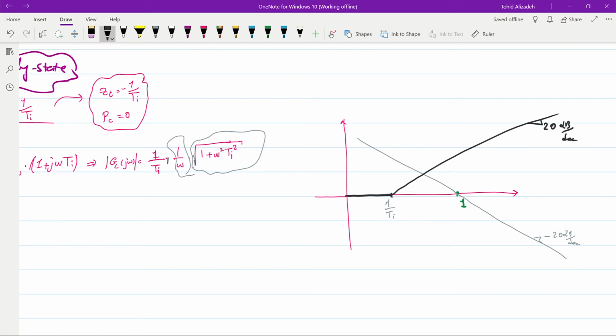And we have the other component, which is 1 over Ti. Depending on the value of Ti, we will have it as a constant value. Now we need to add all these to each other, and then we will get the complete response.